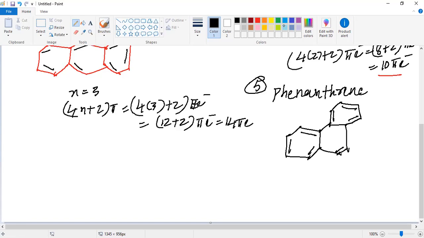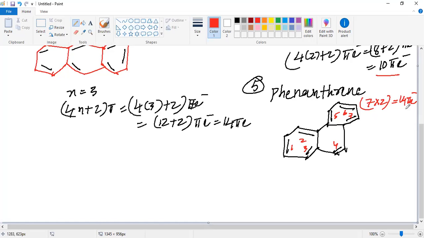Again, if you look into the phenanthrene, we can see that there are 1, 2, 3, 4, 5, 6, and 7 double bonds, and 7 multiplied by 2, that is 14 pi electrons in the phenanthrene even. So as phenanthrene has got 14 pi electrons, n is equal to even 3.